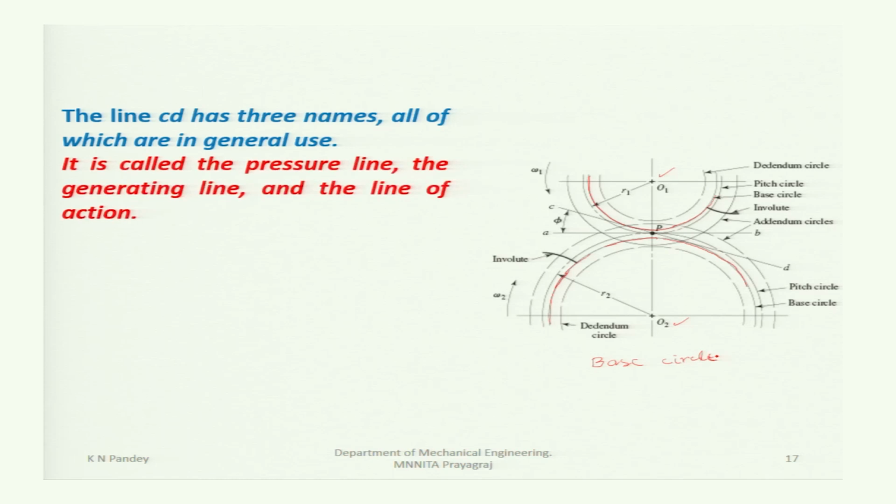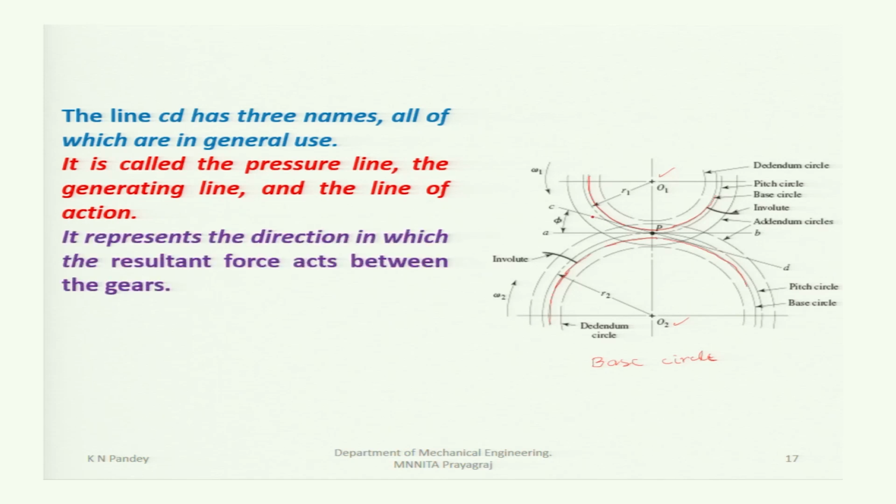Now, this CD line is tangent to the base circles, and so this is the line along which force will be transmitted from the driving gear to the driven gear, so it is also called the pressure line or the line of action.